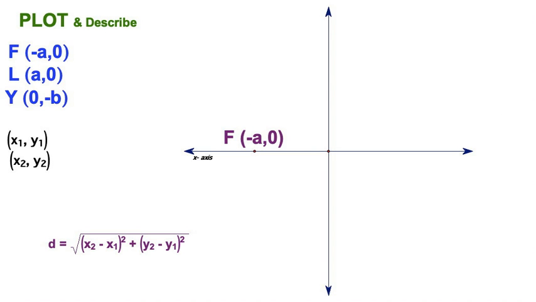And that means you're going to put L on the opposite side, on the positive side of the x-axis, equidistant from the origin: A units to the left, A units to the right. And Y we're going to put on the y-axis.